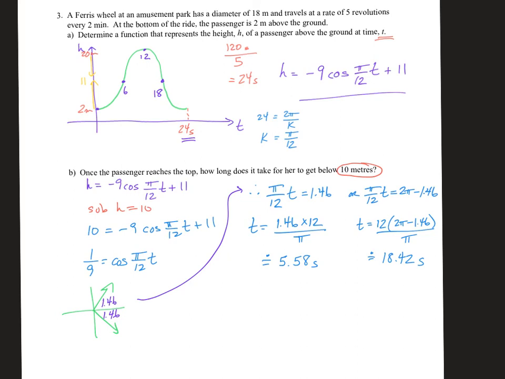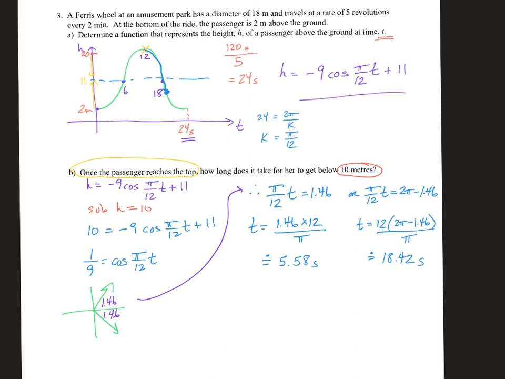So when this question says, once the passenger reaches the top, that means that I've got to go to the top. Now the question says, how long does it take for her to get below 10? Really what I'm looking for then is this instance. I know 11 puts me down the middle, so I need to know, when do I get just a little bit past the middle?